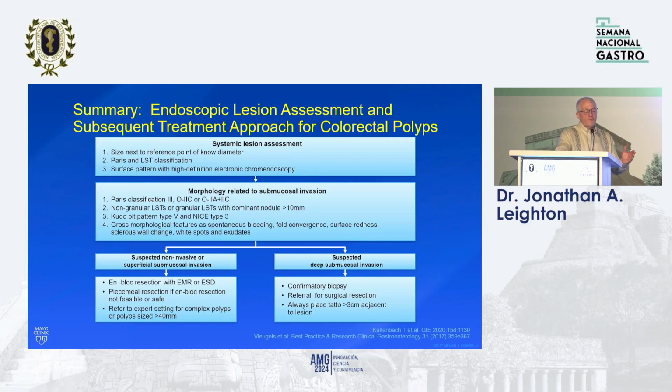And so on the left there, if you suspect superficial submucosal invasion, that's where you probably want to send it to an advanced therapeutic endoscopist. It's not something I would do, and they would do usually an en bloc resection with EMR or ESD. You can do piecemeal resection if en bloc resection isn't feasible, and then of course if they're very large, you may need to send to a super expert.